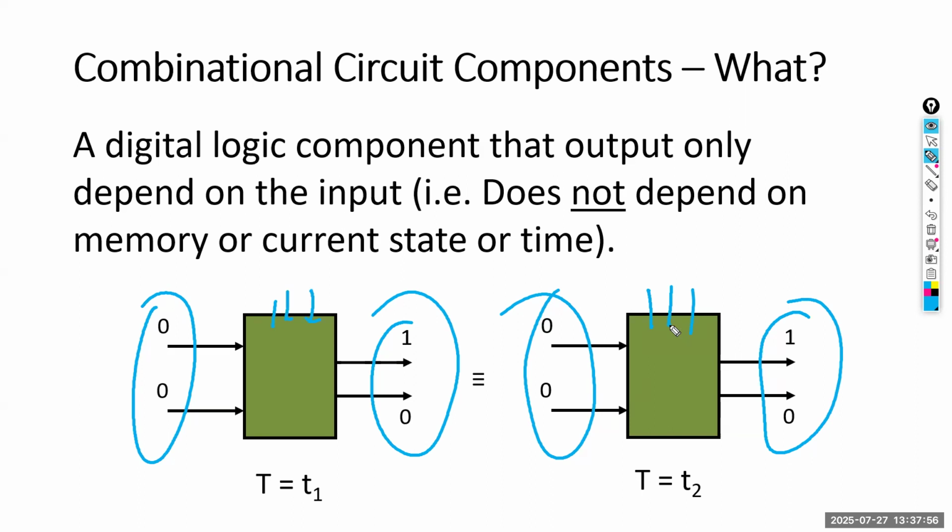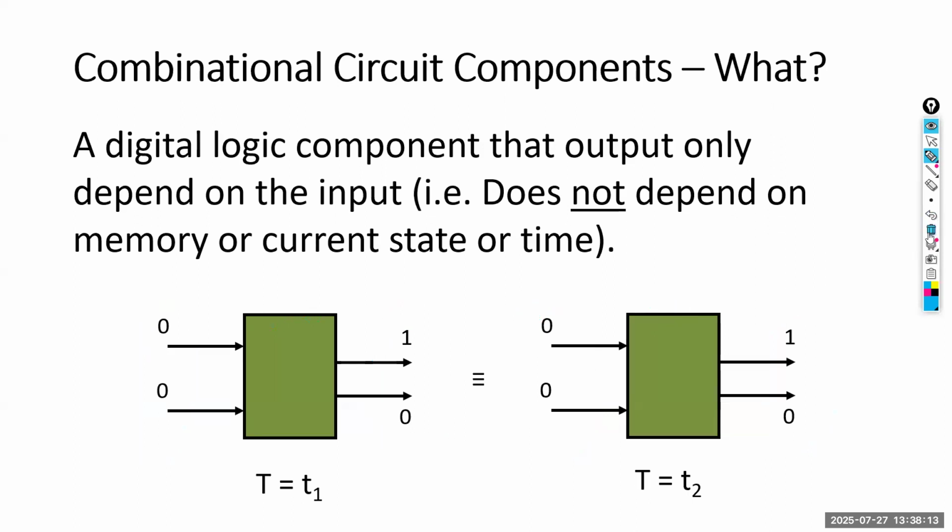You will not properly understand this until we go to the second type also. For the time being, remember that if there's a component whose output only depends on the input, it's a combinational circuit component. So its output doesn't depend on the current memory.